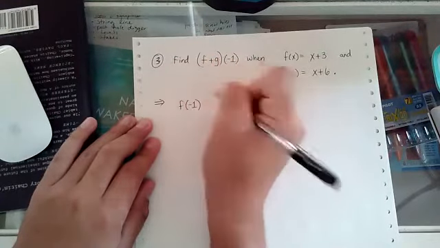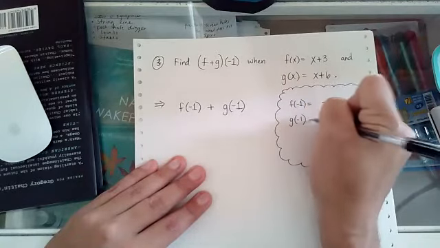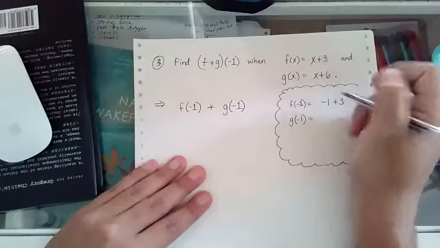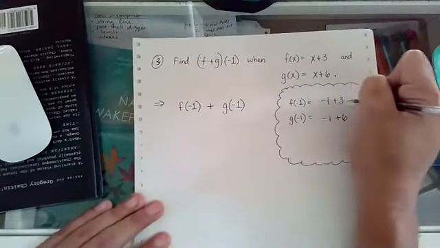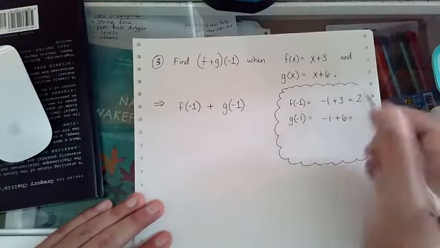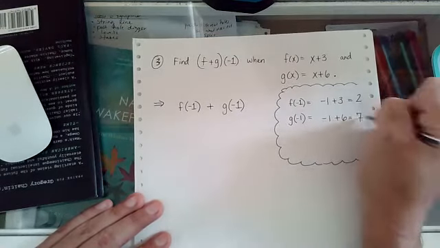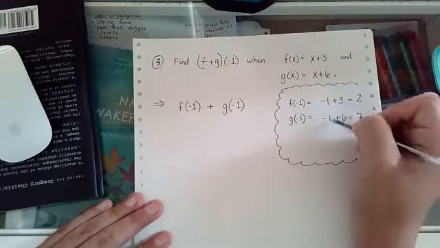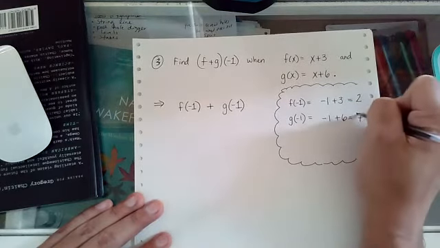So f of -1 is going to be -1 plus 3, and g of -1 is equal to -1 plus 6. We can simplify these, and we should get 2, and we should get 7, right? Sorry, that's not right. I went the wrong direction. 5. Yeah, there we go.